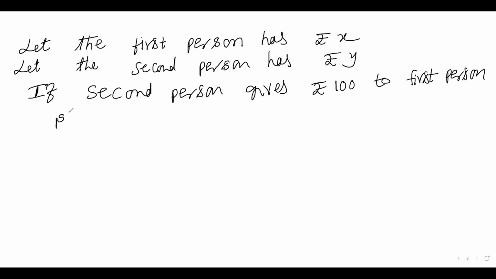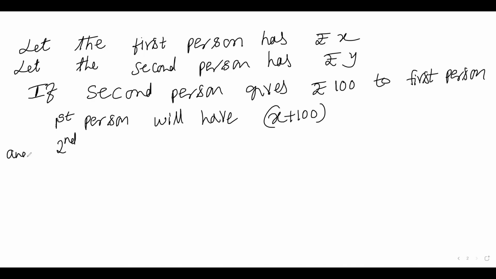First person will have X plus 100, and second person will have Y minus 100. First person getting 100, so X plus 100. Second person giving off 100, Y minus 100.